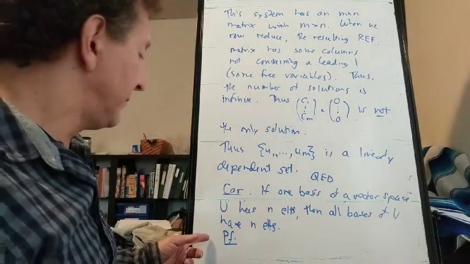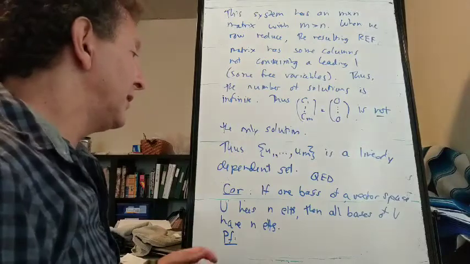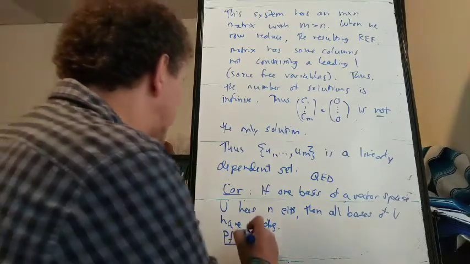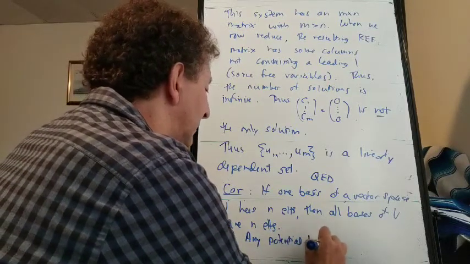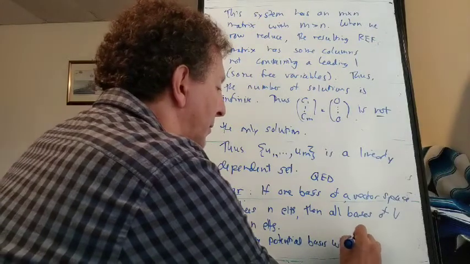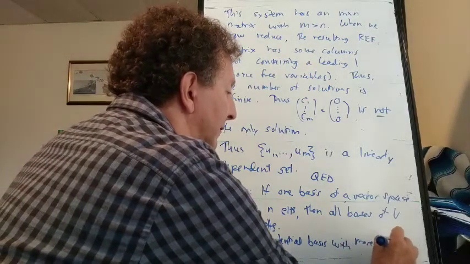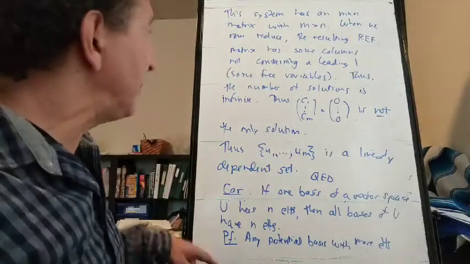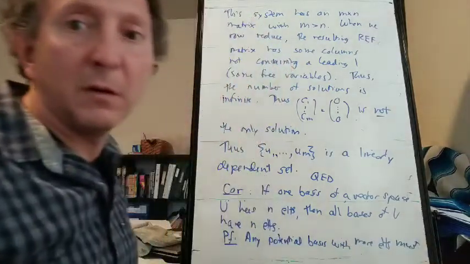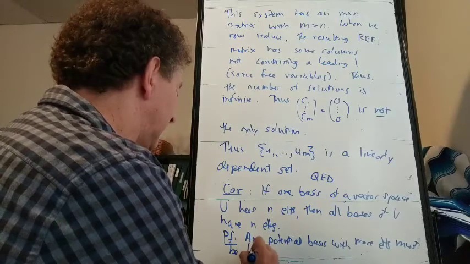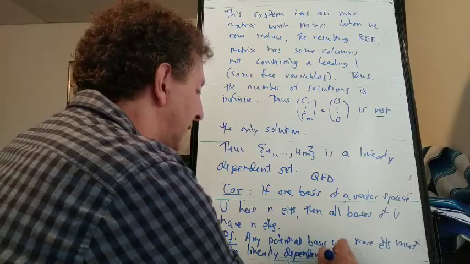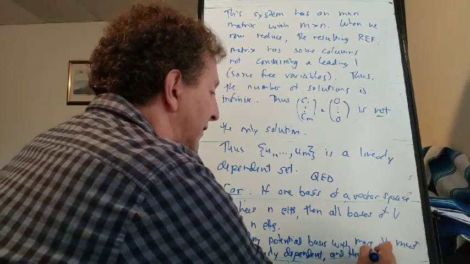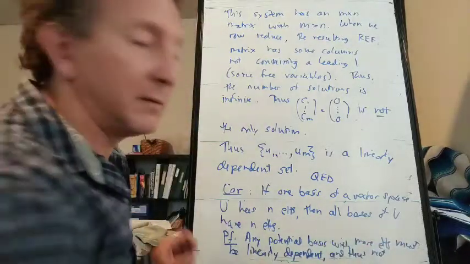The proof is that if you have some other set that you think might be a basis, any potential basis with more elements has to be linearly dependent by what we just proved, and thus not a basis.